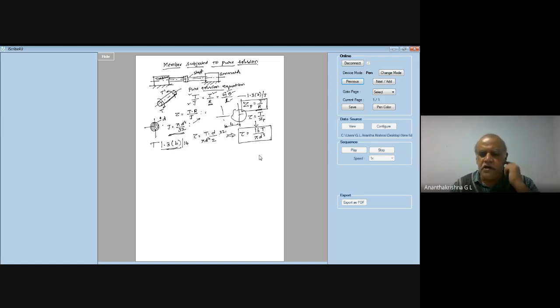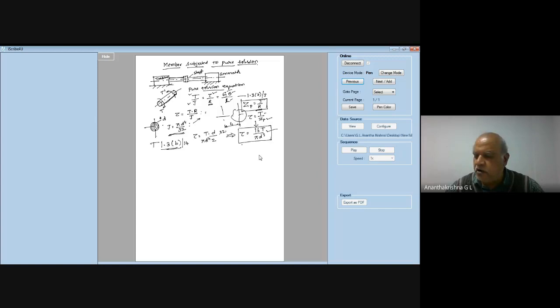For a solid circular cross section, polar moment of inertia is pi d4 by 32. Zp is going to be pi d cube by 16. That's why your tau is going to be T by Zp, that is equal to 16T by pi d cube. That will give us the shear stress. Are you there with me?